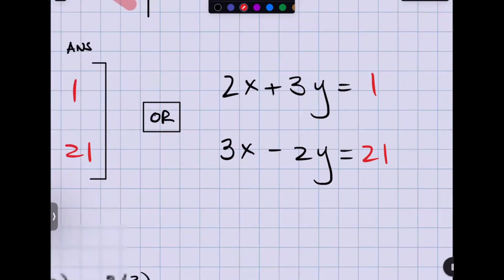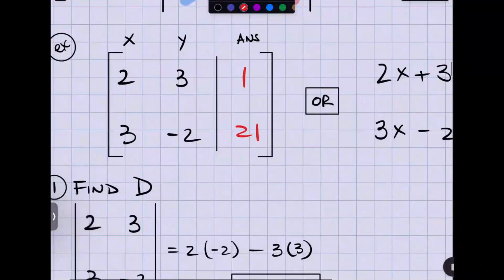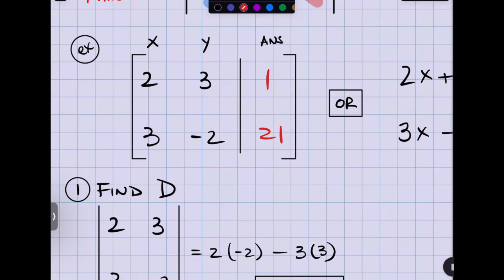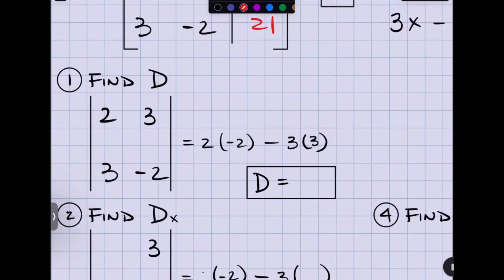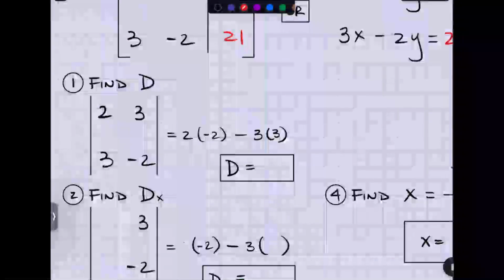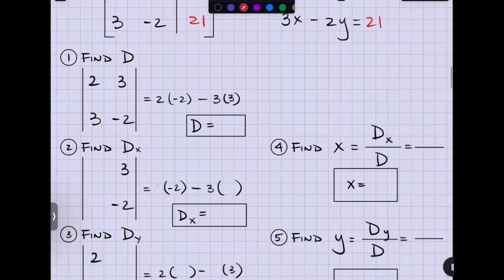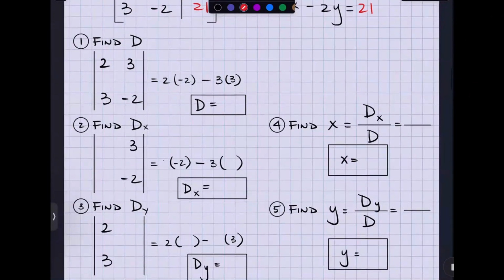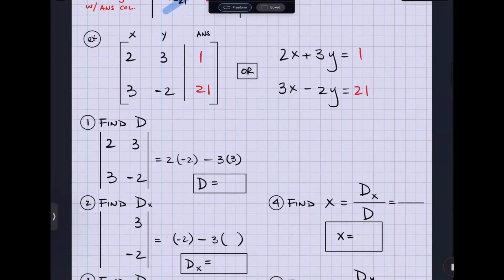So the matrix looks like that, and then the determinant looks like this. Notice the difference. You're like, I feel like I understand it, but I don't.